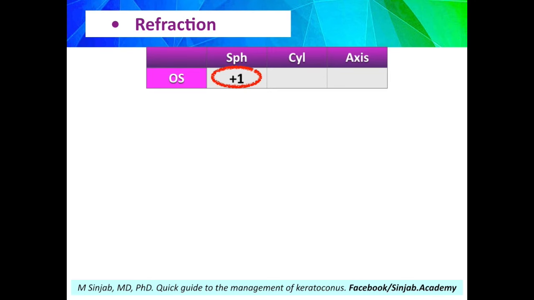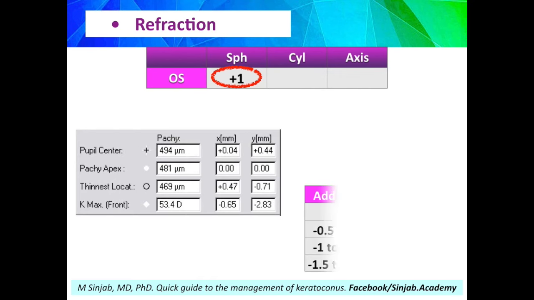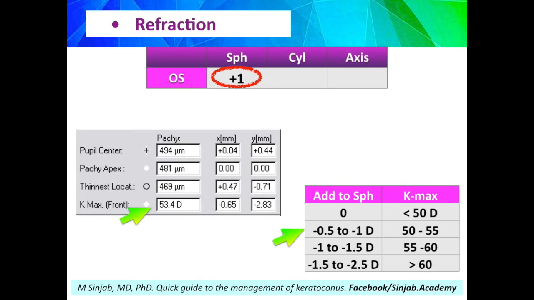We start with the sphere, and to know whether to include the Kmax factor or not, we look at the posterior elevation map. In this case, it is a paracentral cone, so we have to consider the Kmax factor. In this case, the final sphere is 0.